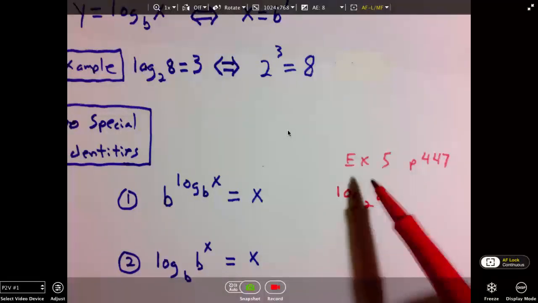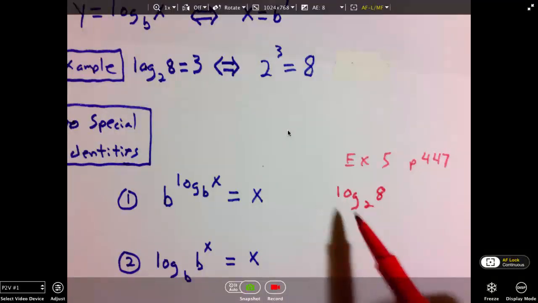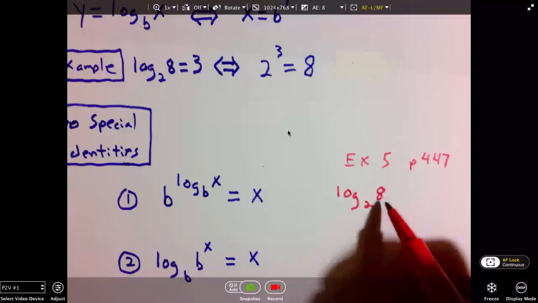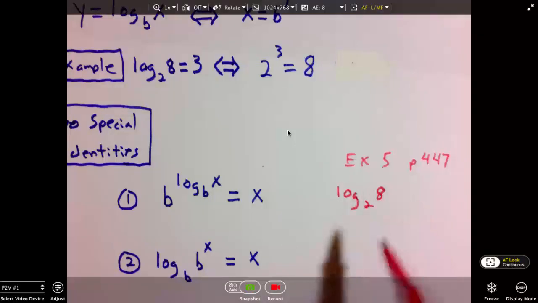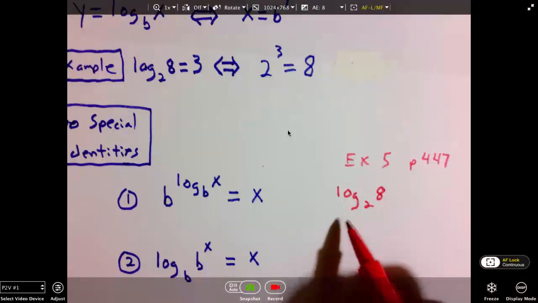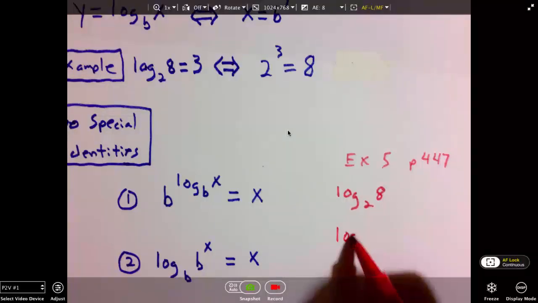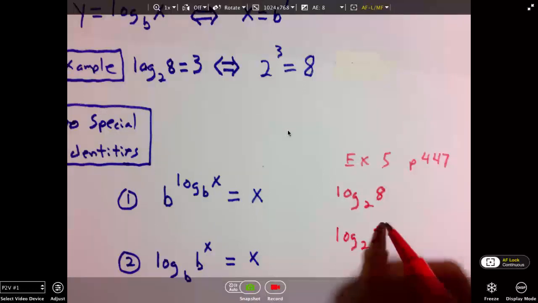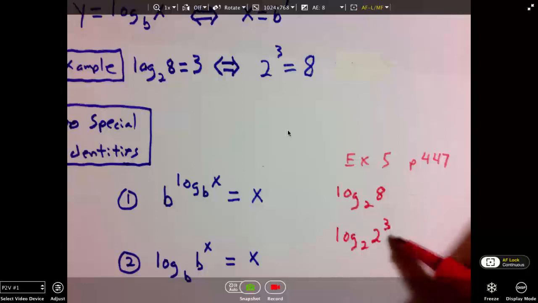It gives the expression log base 2 of 8. Clearly you know that 8 is also equal to 2 to the third power. So I'm going to make that substitution, changing log base 2 of 8 to log base 2 of 2 to the third power. From this statement to this statement, I've simply changed 8 to 2 to the third power.